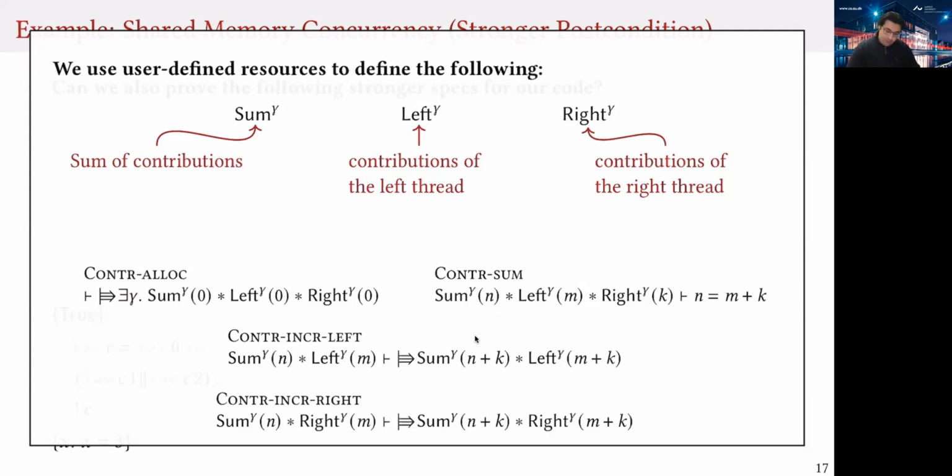And the updates that we get out of this theory is that we can always add to the value of sum if we add it also to the left part or the right part. This keeps the sum balanced and everything is fine. And of course, for doing that, we need to manipulate resources, therefore the update modality.